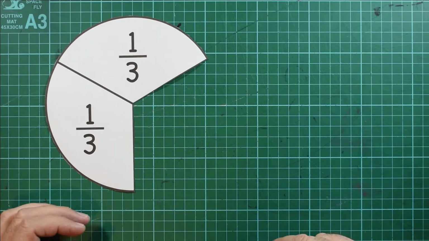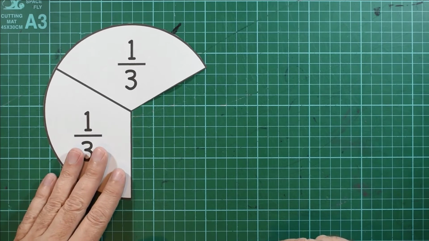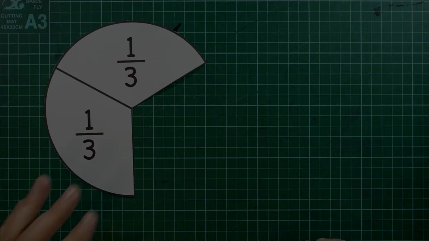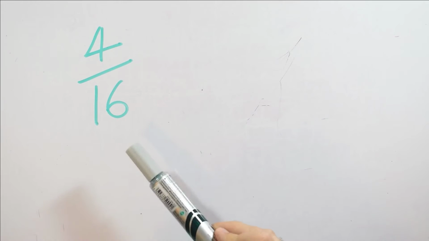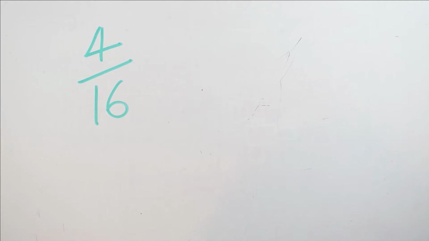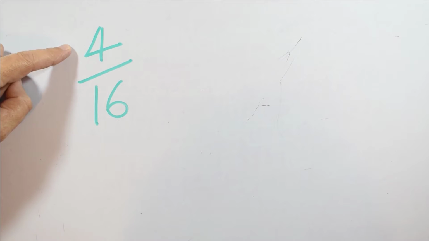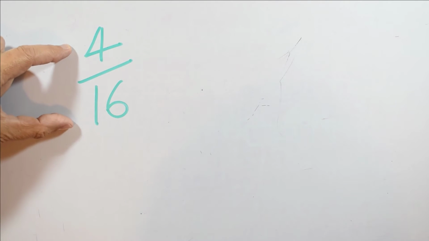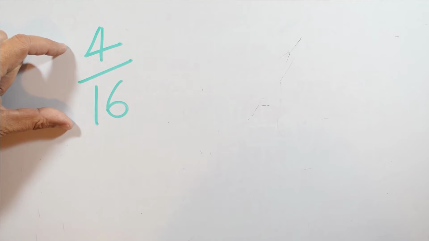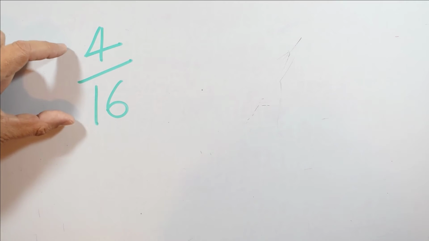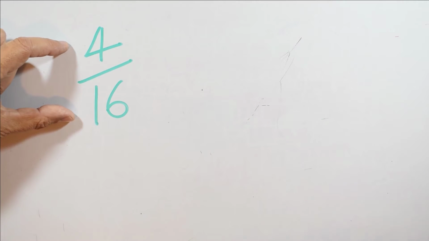So let's have a look at numbers instead and see if that can also make sense for you. Okay, let's have a look at this wee fraction here. It says 4/16. Whatever thing I have has been chopped up into 16 pieces, and we're talking about 4 of them. But if I wanted to find an equivalent fraction, I can think of numbers that I could divide both of these by.